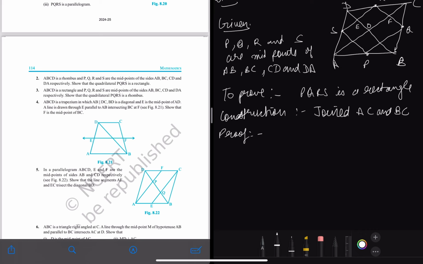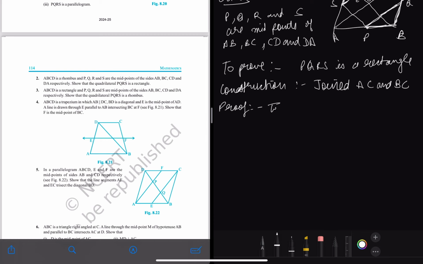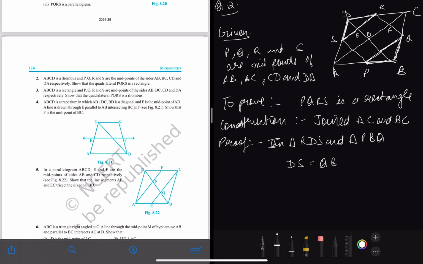We will consider two triangles, triangle RDS and the triangle PBQ. So in triangles RDS and PBQ, DS is equal to QB. Why is DS equal to QB?